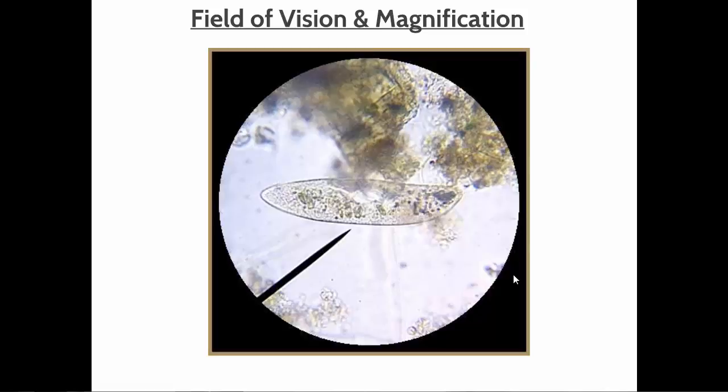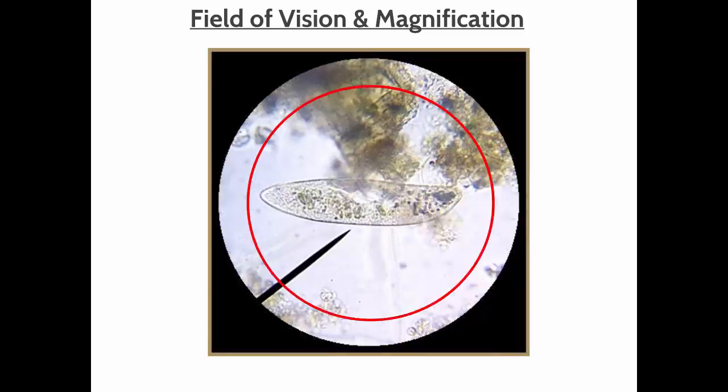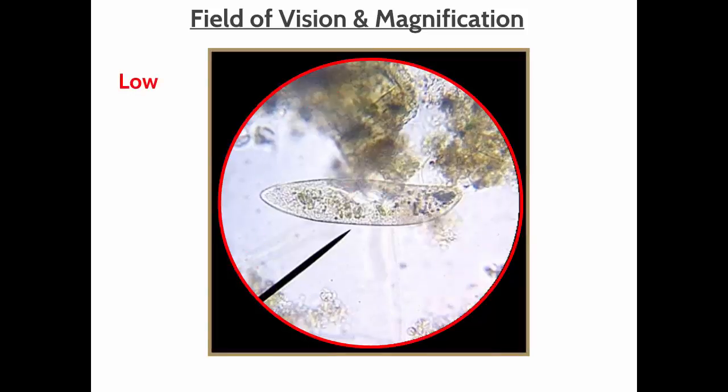When you're looking at an object under low power, the first power you start off with, it gives you the widest field of view. Under low power, we can see all of this. Now, as we switch to a higher magnification, say medium power, what happens to the area that we see?